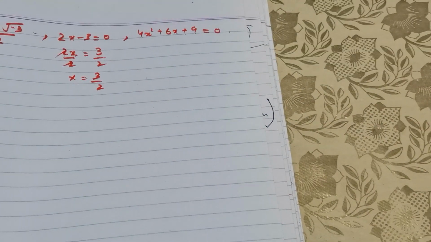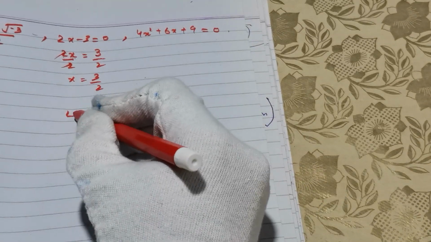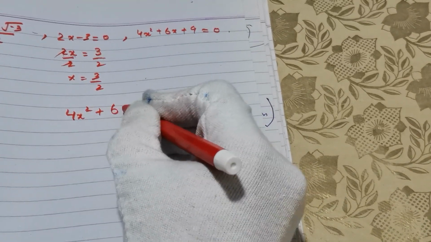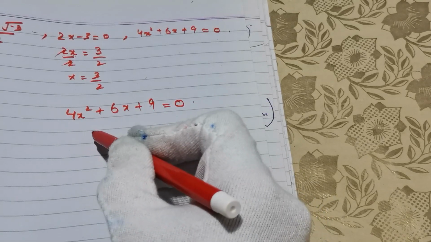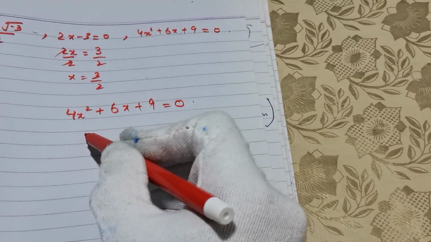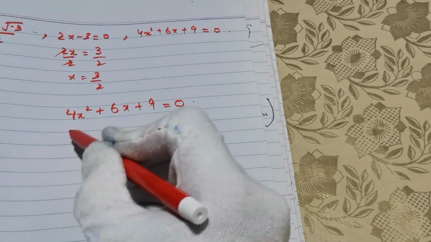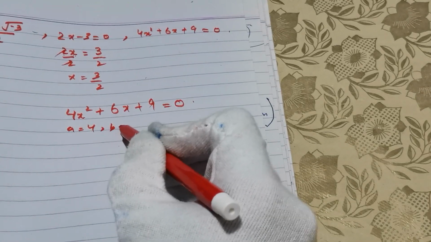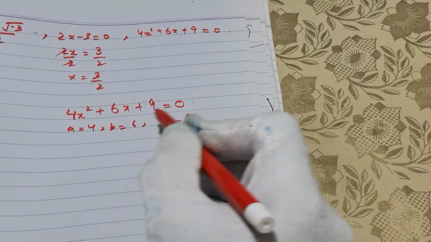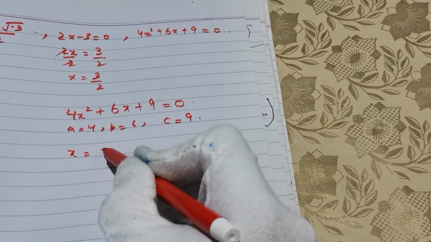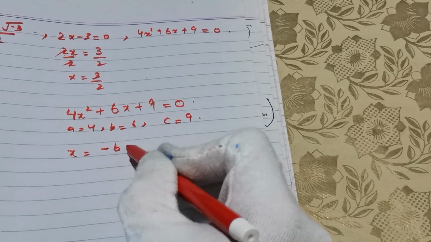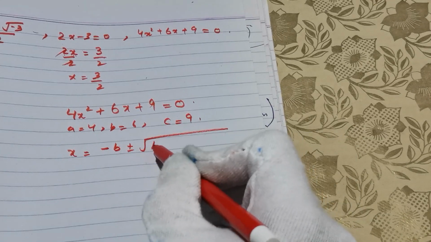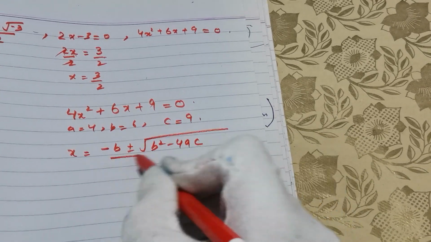Now we will take 4x square plus 6x plus 9 equal to 0. Again we will apply the quadratic formula. a is equal to 4, b is equal to 6, c is equal to 9. x is equal to minus b, b is 6, plus minus under root b square minus 4ac divided by 2a.